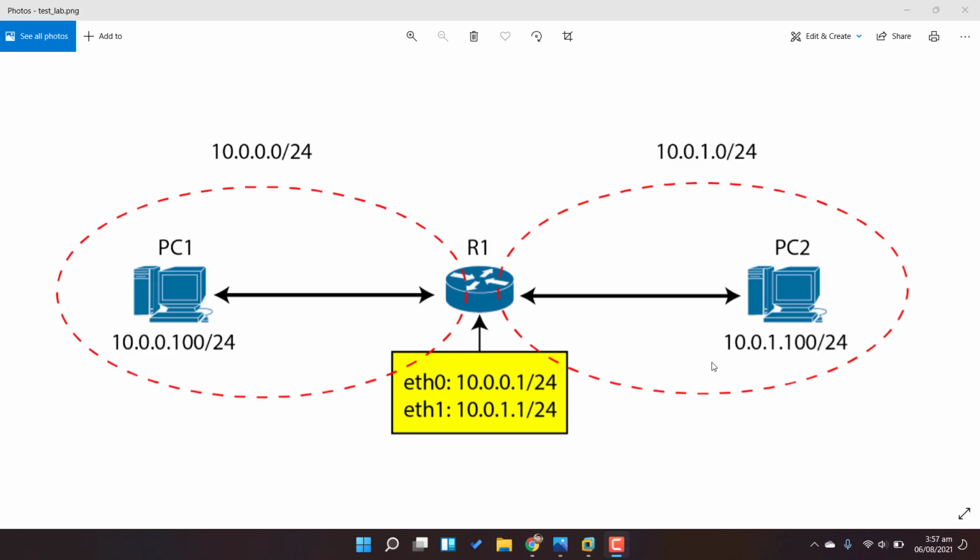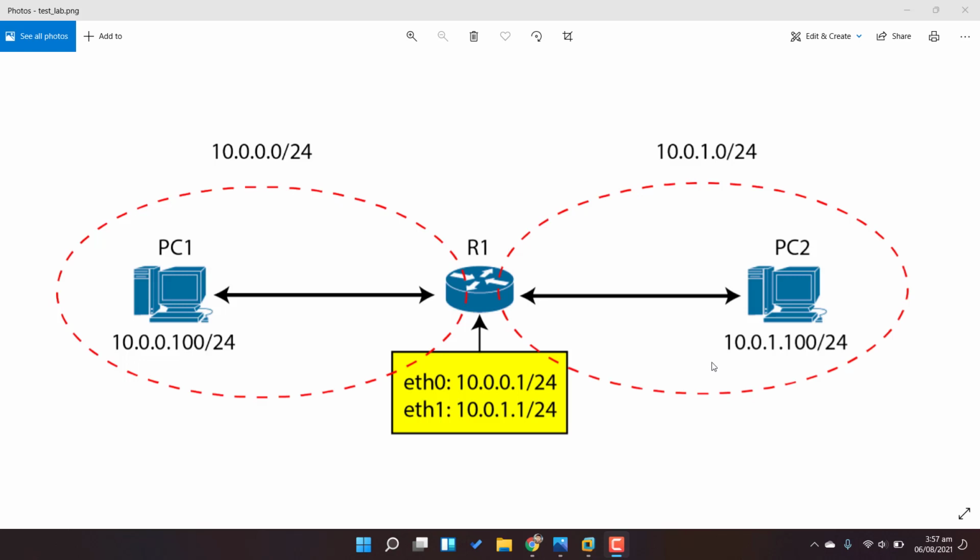In this video, we are going to implement this very basic example that you can see. In this example, we have three devices, PC1, PC2, and R1, which is a router. Right beneath the router, you can see we have network interface 0 and then network interface 1.